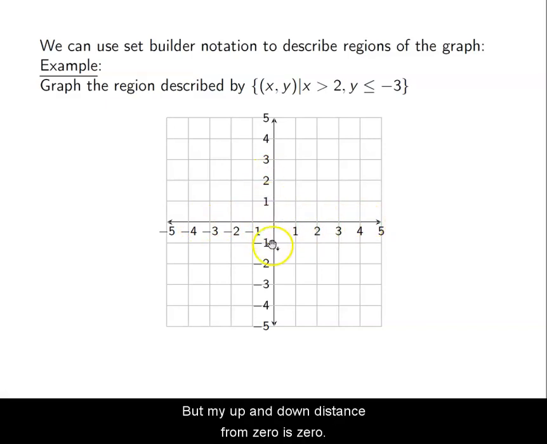But my up and down distance from 0 is 0. There's no movement up, there's no movement down. From here, I've only moved left, or I've moved right. I have not moved up or down at all.